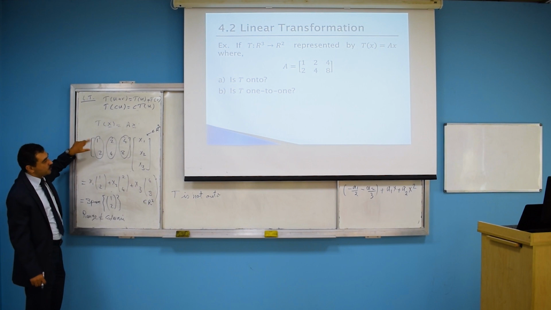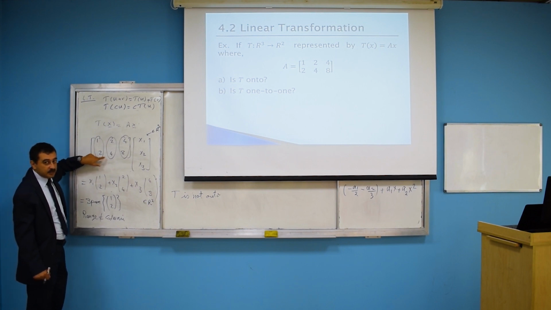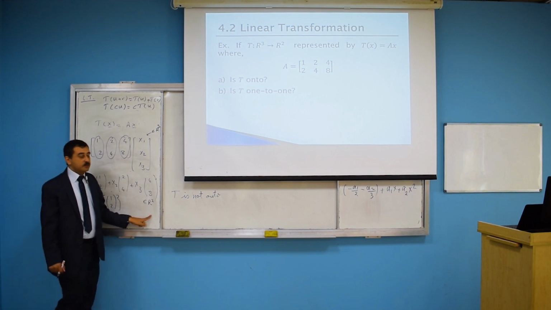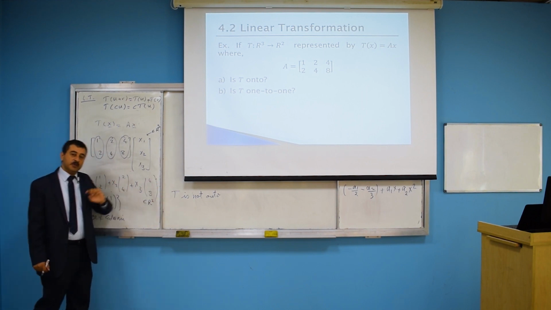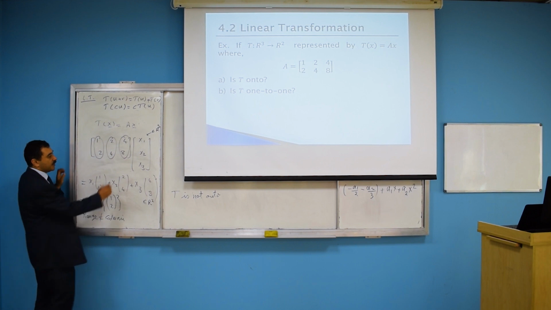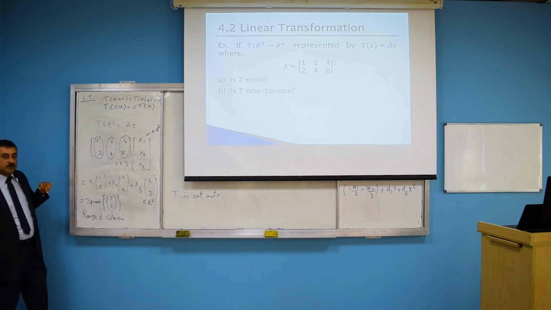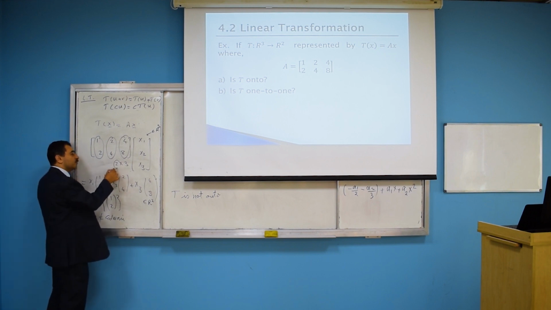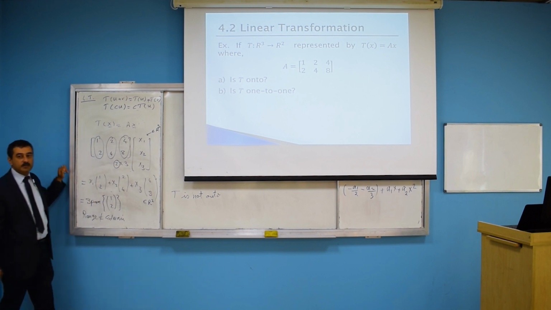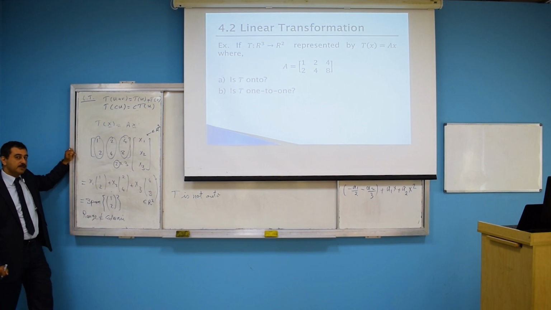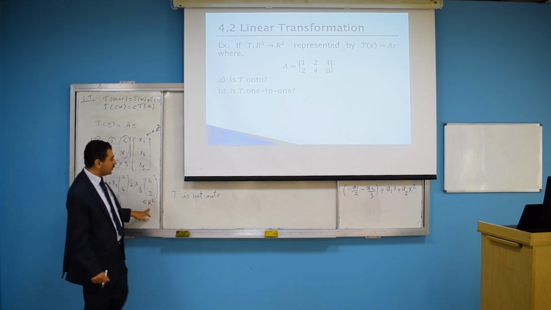But if you get two pivots, it means that you are going to span the whole R2, which means the transformation would be onto. So for a 2 by 3 matrix to be onto, you have to get two pivots, equal to the number of rows of the matrix. Then you will span your whole R2.